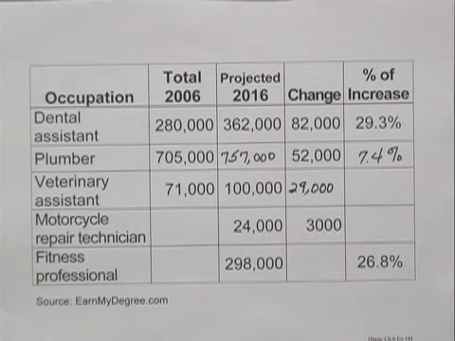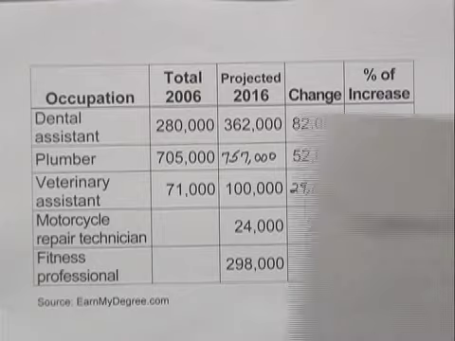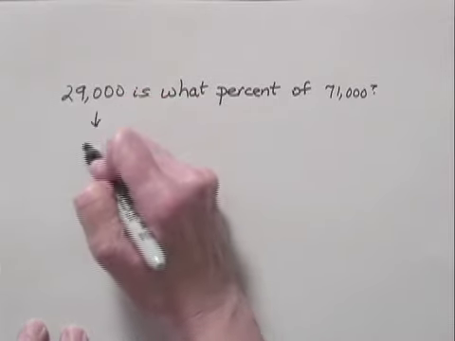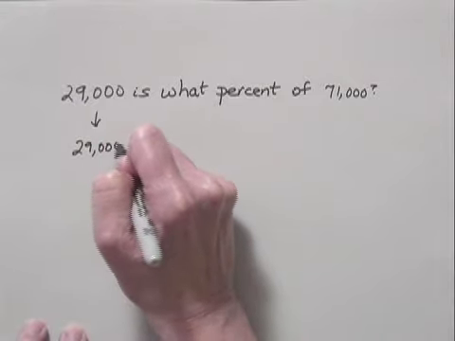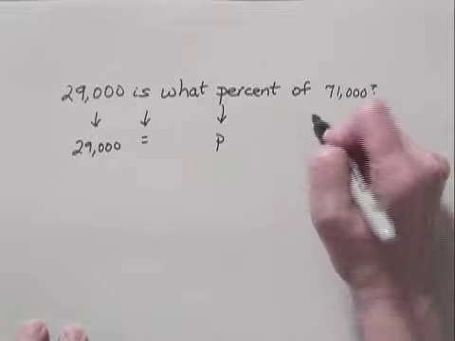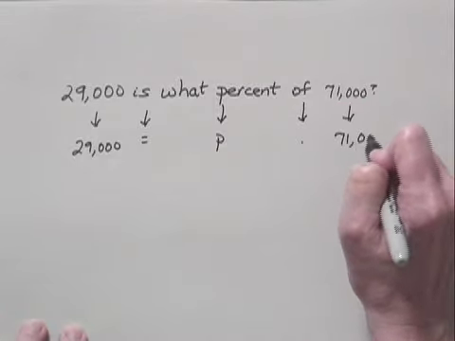And now again we want to find the percent of increase, and we're asking the question, 29,000 is what percent of 71,000? So we'll write an equation. 29,000 equals, and let's call the percent P again, of times 71,000.